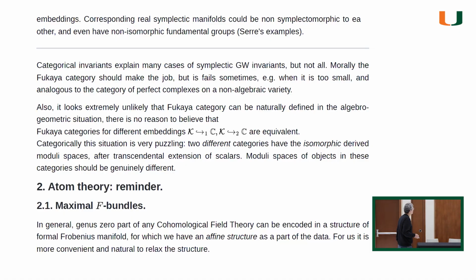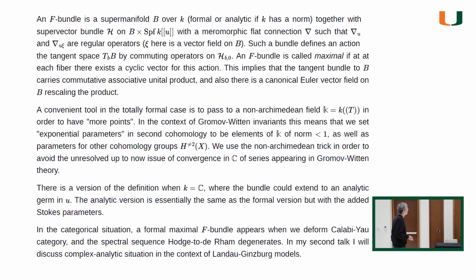So I recall that an F-bundle is a supermanifold over some field of characteristic 0, but supermanifold in various types of geometry: it could be analytic, formal, or maybe even algebraic, but that is very rare. It's more like formal or analytic.